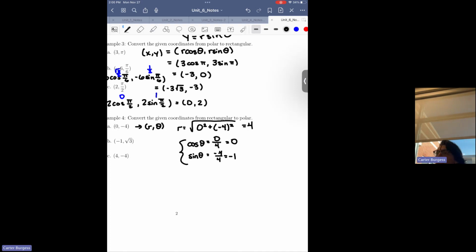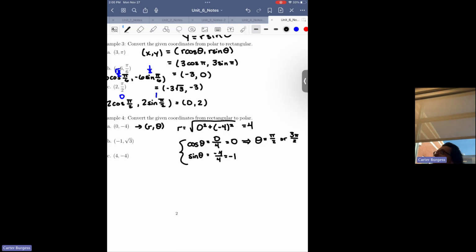What are the two thetas that would have an x value of 0, where cosine of that theta would be 0? Very good. This is either pi over 2 or 3 pi over 2. That's got to be one of these two.